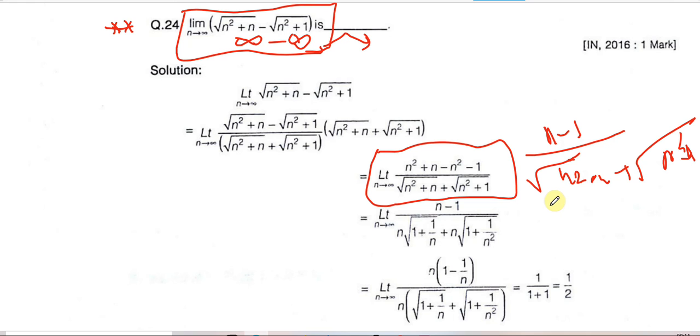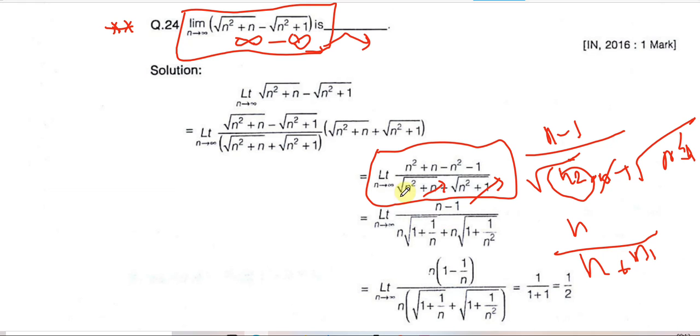What I have told you: if an infinity term is there, n is a very big term, so the remaining smaller terms we can neglect. Here n square is infinity, bigger than this, so we can neglect this. So square root of n square will be n, plus here also n square is there, the smaller term you can neglect also. Square root of n square is n.